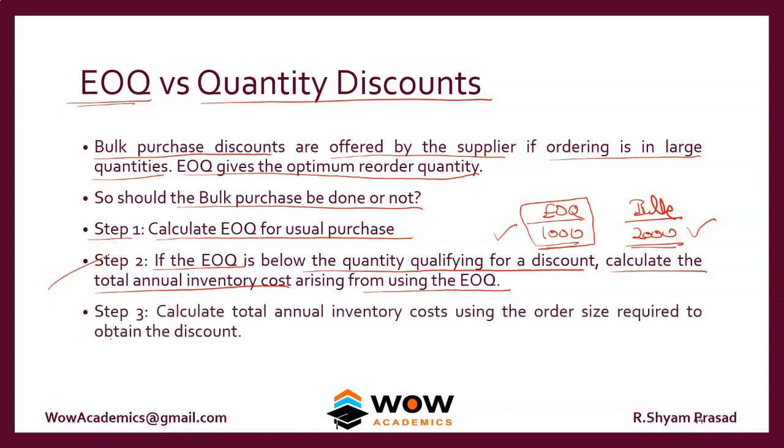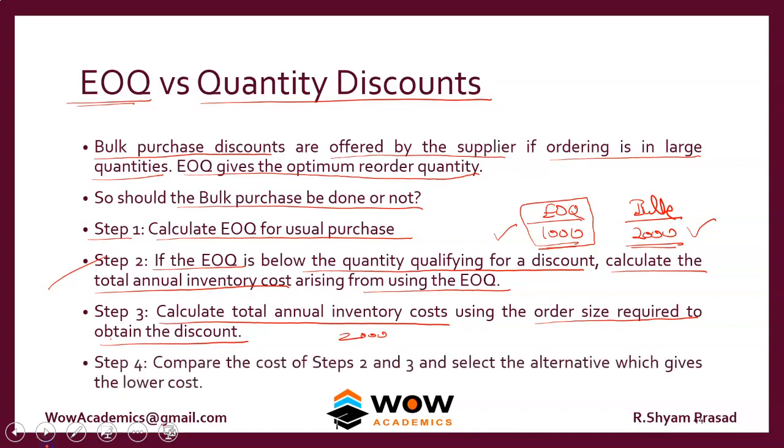Let's look at the third step. Calculate the total annual inventory cost using the order size required to obtain the discount. This is the 2000 units in the example. Step 4, compare the costs of steps 2 and 3 and select the alternative which gives the lowest cost. So first you calculate the EOQ, then you apply this logic.